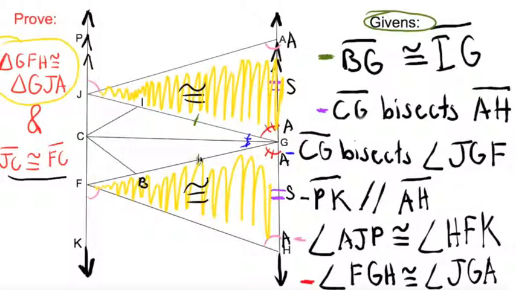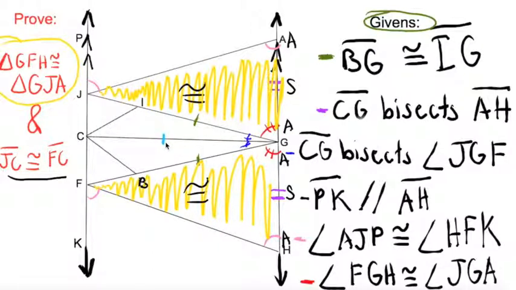So now, as you can see, these two lines and these two angles are congruent to each other, as we've seen from the givens already gotten. From here, we need to figure out one more angle, or at least one more side, that will prove the congruency of these two triangles. And since these two triangles share a side, by the reflexive property of congruence, the side CG should be considered congruent to itself.